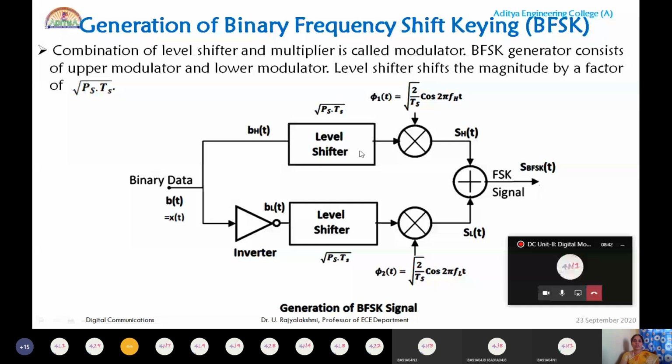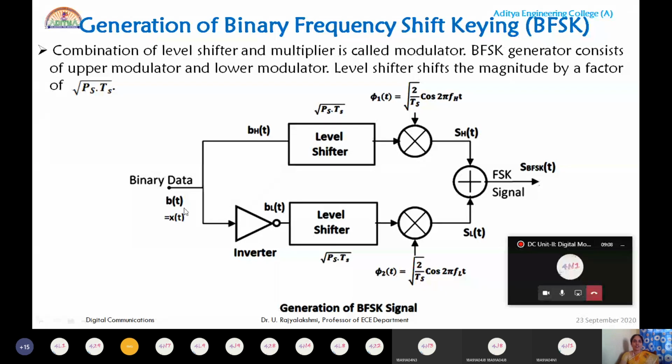Coming to the generation, it consists of two modulators: one is the upper modulator and the other is the lower modulator. Both modulators are a combination of level shifter and multiplier. The level shifter shifts the magnitude by a factor of root Ps Ts.